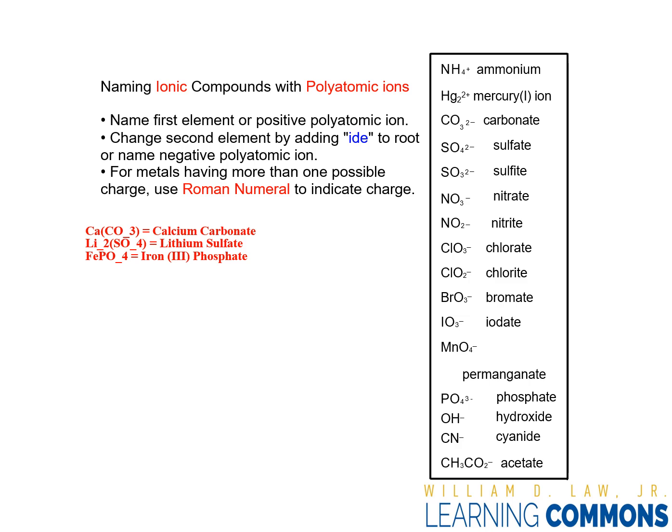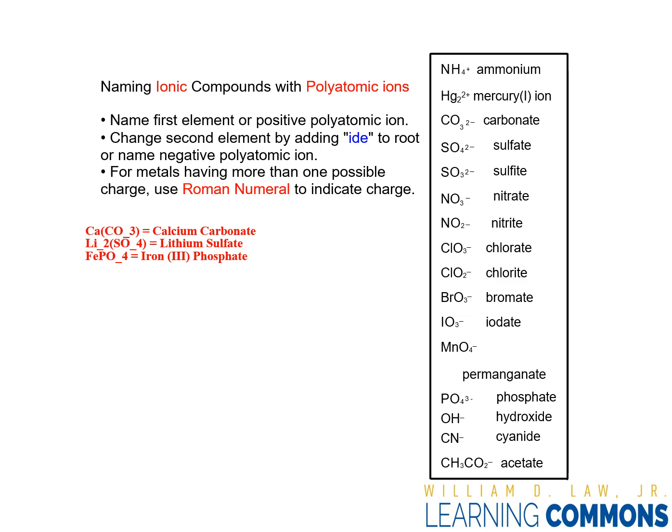And nitrite, and nitrate, if you see 3 oxygen, ATE, and 2 oxygen, and so on for the other carbon. If you just focus on the number of oxygen, if the number of oxygen is high, my ending is ATE. If the number of oxygen is less, I change it to ITE.